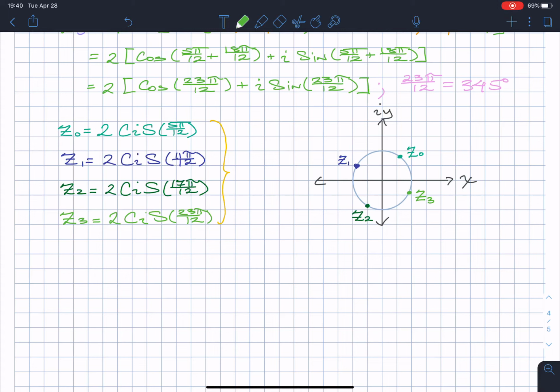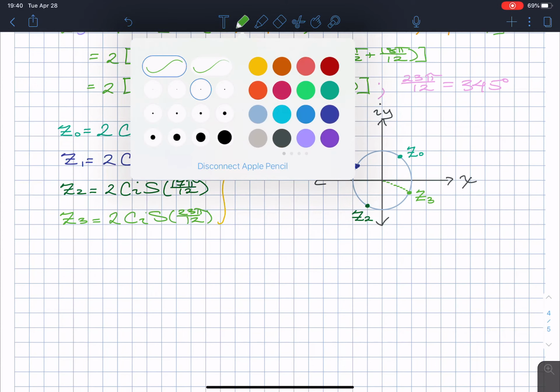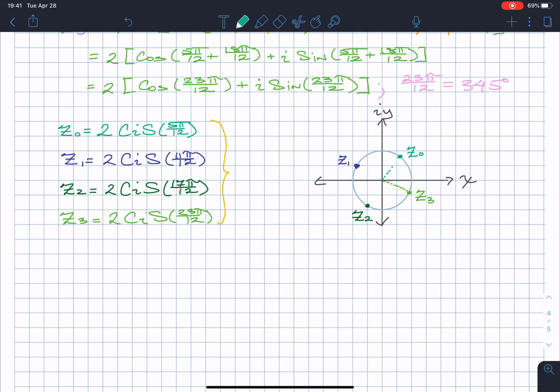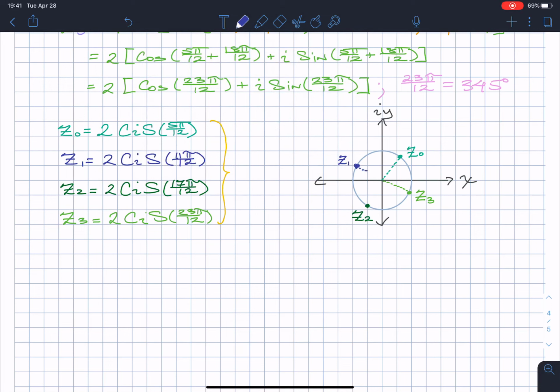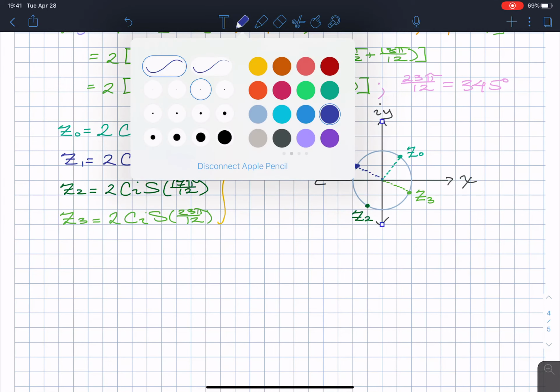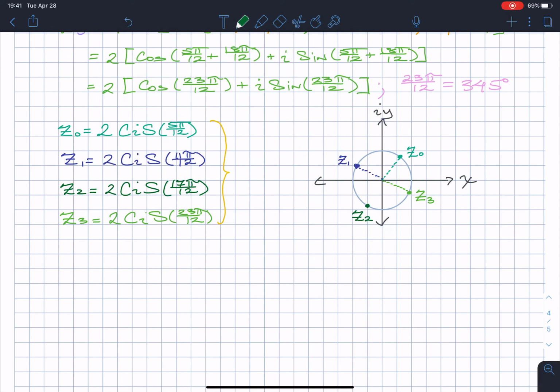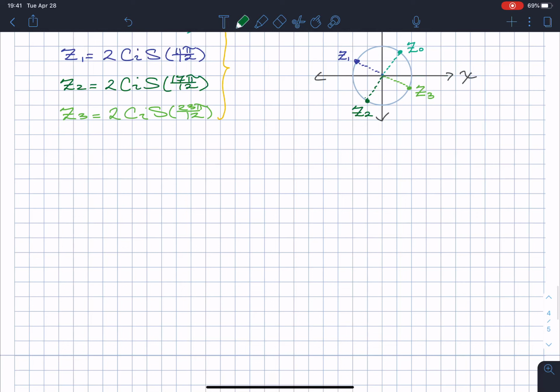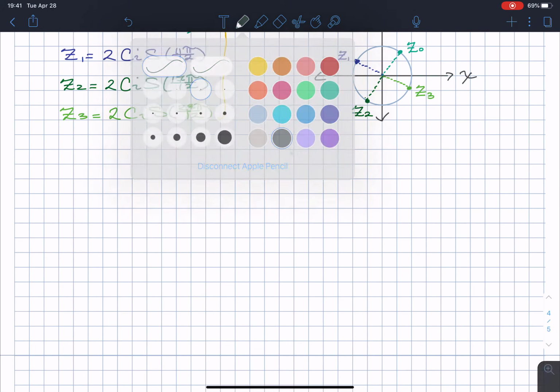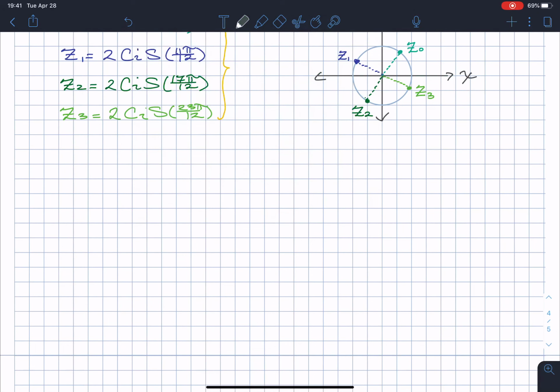So it looks like these 4 roots are evenly spaced in a circle. So basically I could divide 360 degrees by 4 to get their spacing. They're evenly spaced. Okay. So let's use that fact to simplify the next and final example for this section.